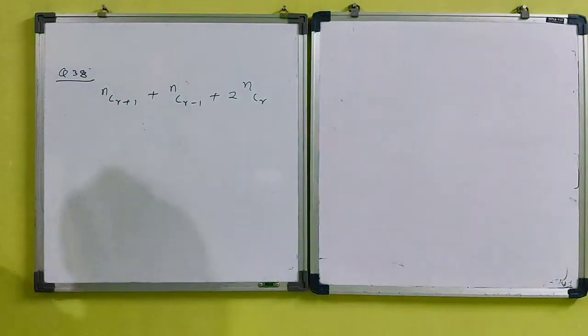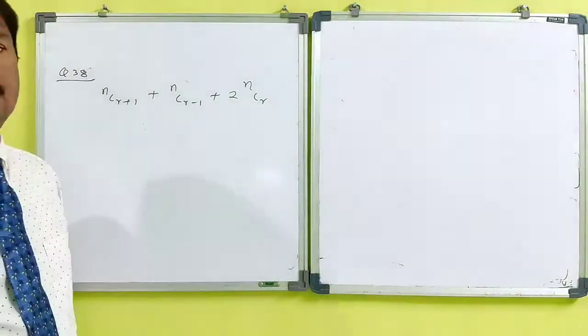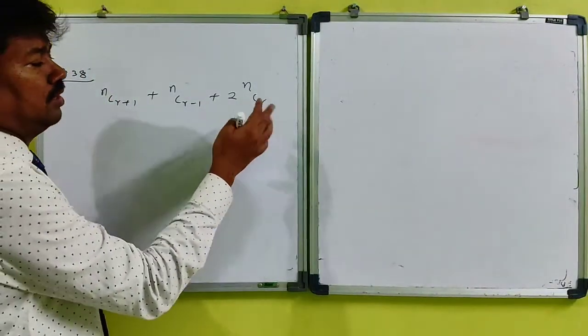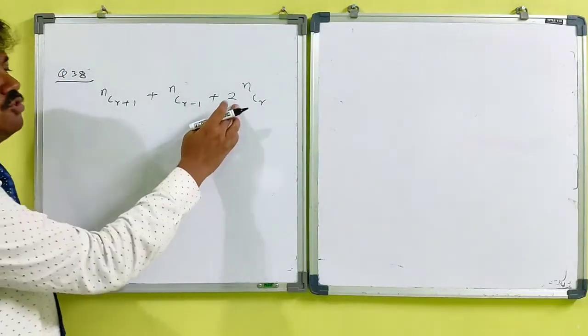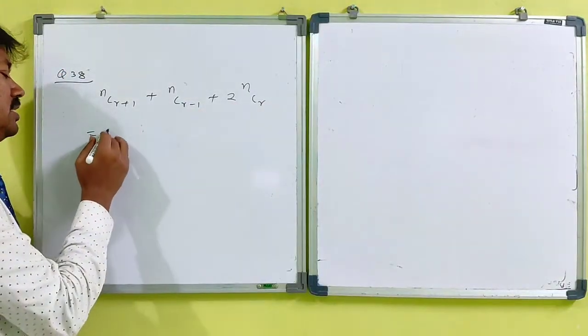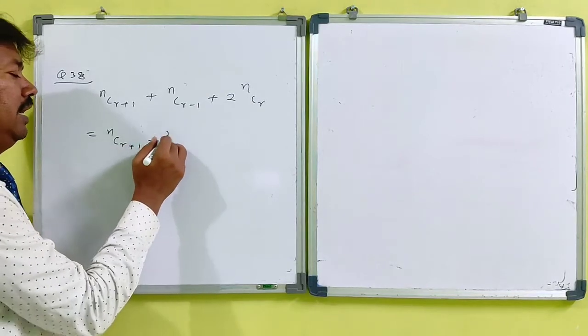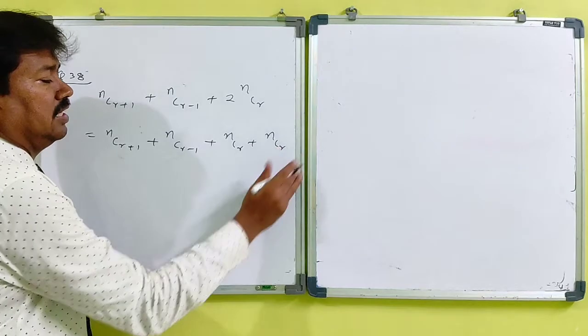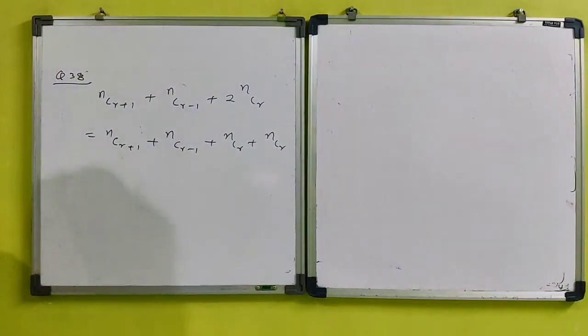Yes, the next question is number 38. nCr plus 1 plus nCr minus 1 plus 2 nCr. So here we split the 2 and write it as nCr plus 1, nCr minus 1, nCr, nCr.